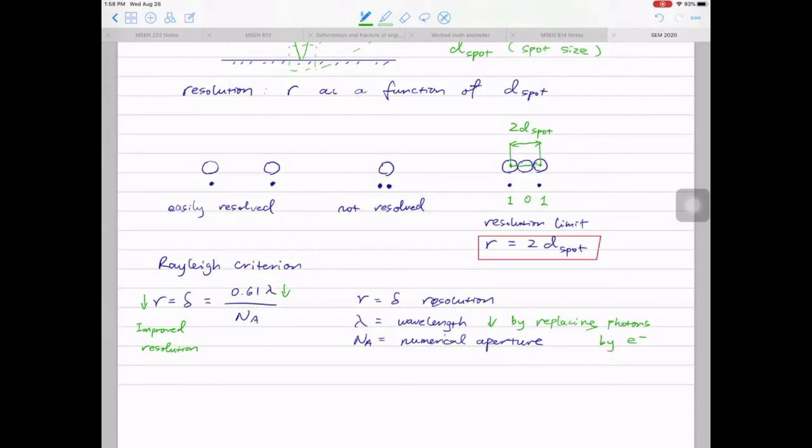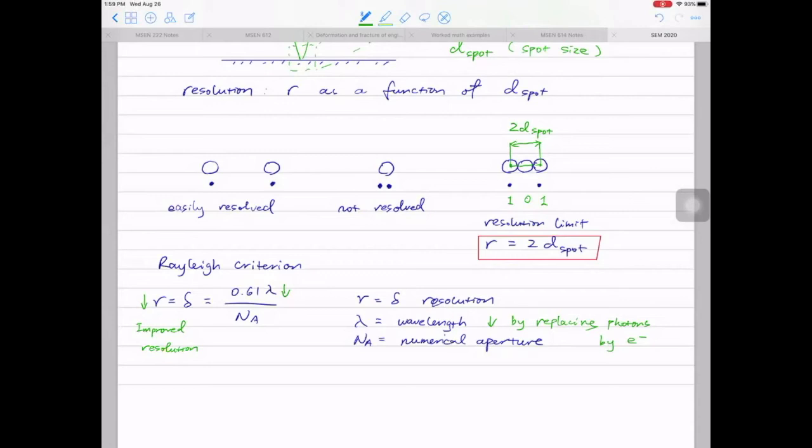NA is called numerical aperture. It's a function of refractive index and collection angle. That depends on the design of the instrument. Using an optical microscope, I'll give you one example of how you can play with NA. Some people just look at the specimen in air, where there's nothing in between the lens and the specimen.